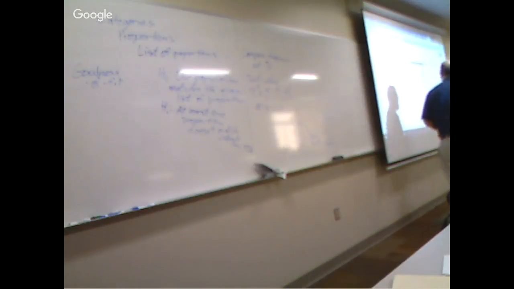What's the purpose of a confidence interval? It's to measure something about a population. What are we measuring here? Are we measuring mean, proportion, or standard deviation? Proportion. These are confidence intervals for the proportion.